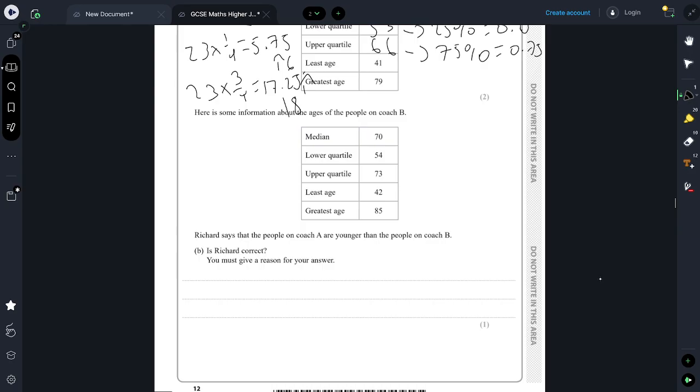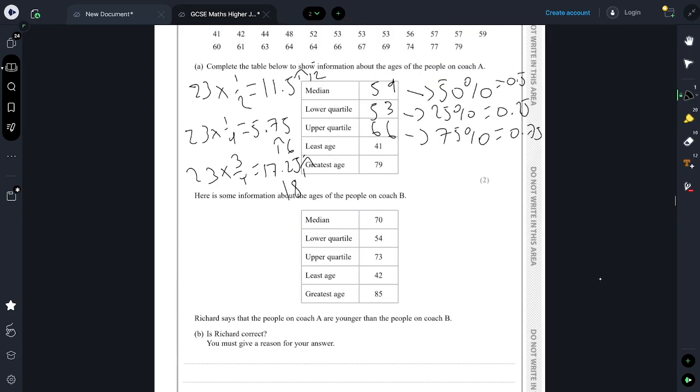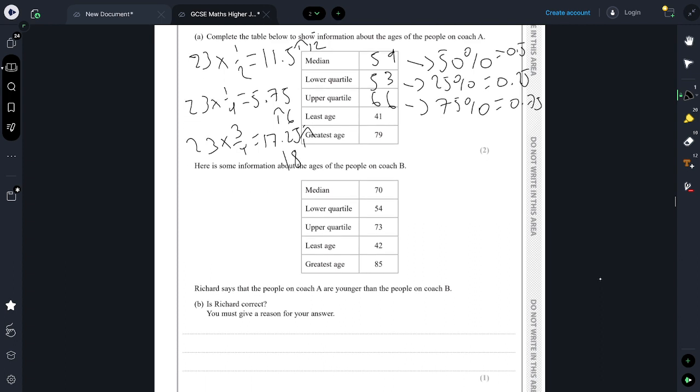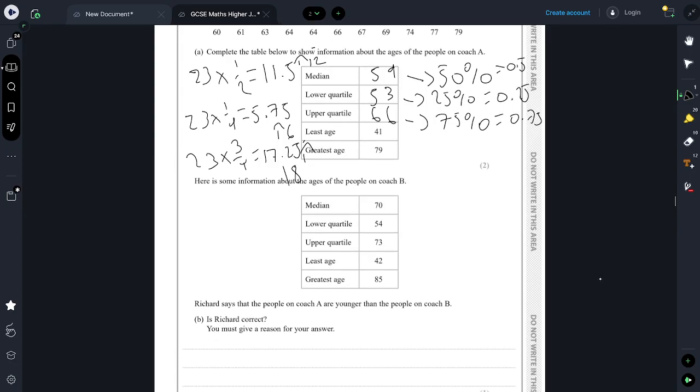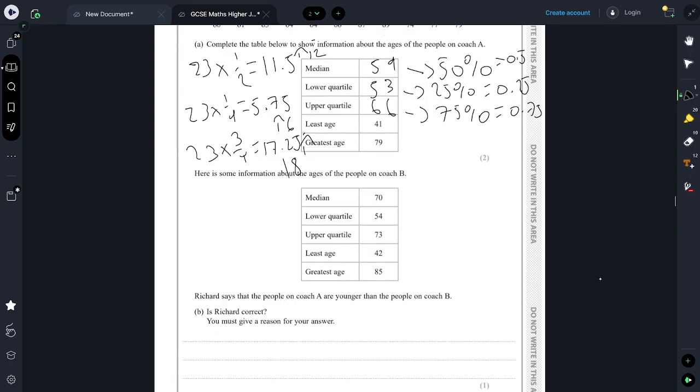Then it says here's some information about the ages of people on Coach B. Richard says the people on Coach A are younger than the people on Coach B. When it's asking you to compare two sets of data with median and quartile, you should know the median is the average, and the IQR is the spread or variation of data.